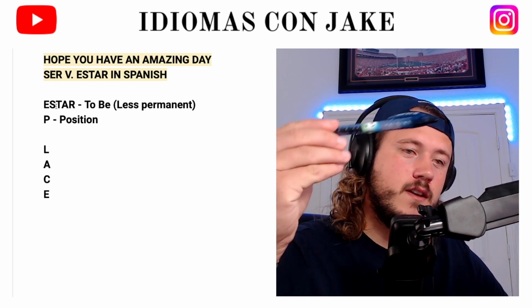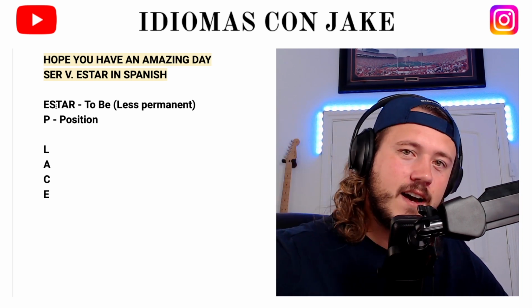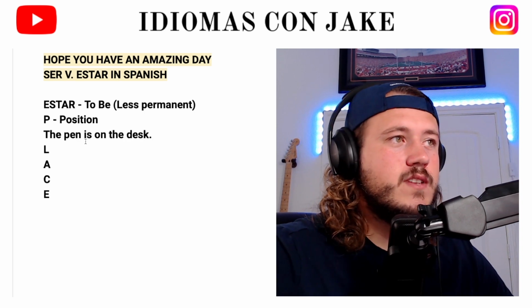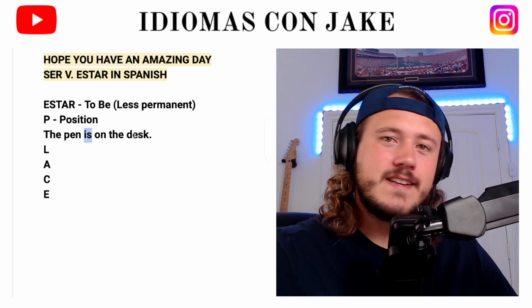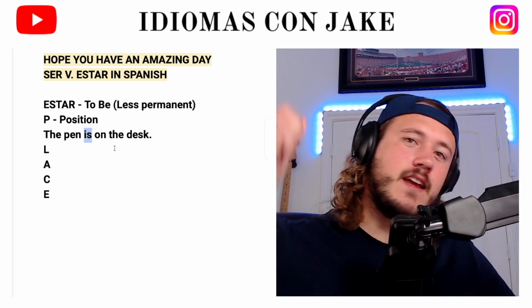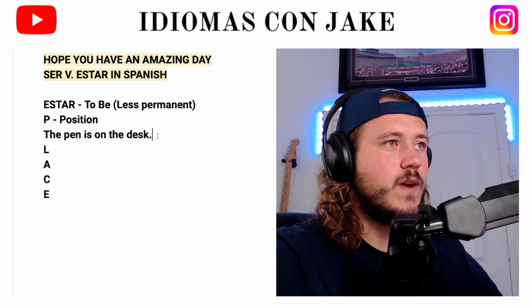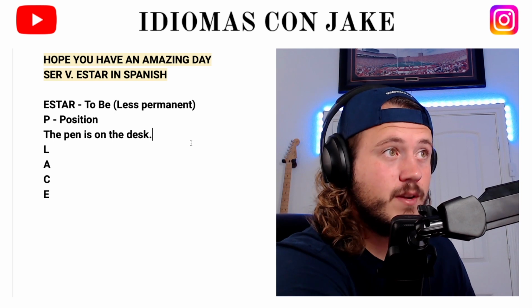So, for example, the pen is on the desk. We see in English I'm using this word is, but it's not permanent. I could take the pen off the desk and throw it across the room and it will be on the floor, right? So it's not a permanent situation. So for that reason, I'm going to use this verb estar.